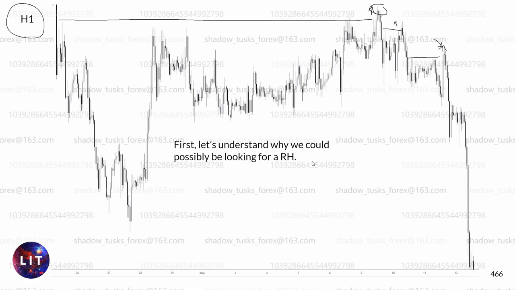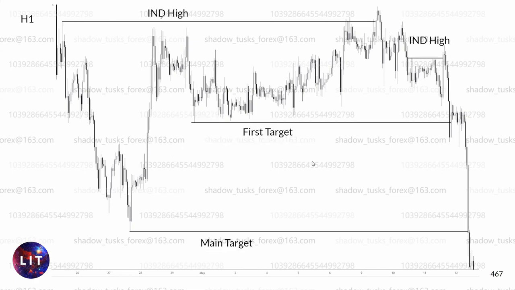So you can see every time we get an inducement high, we just trade away from it after our medium inducement. Okay, so again, we've got inducement high, inducement high, inducement high. So we can begin to expect a potential retail heaven.